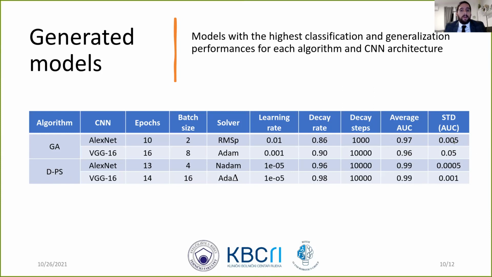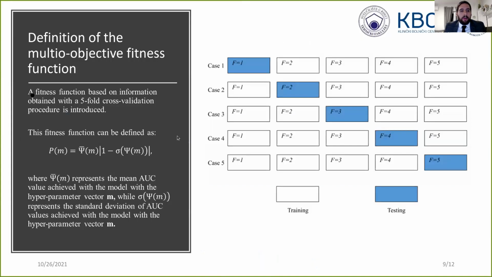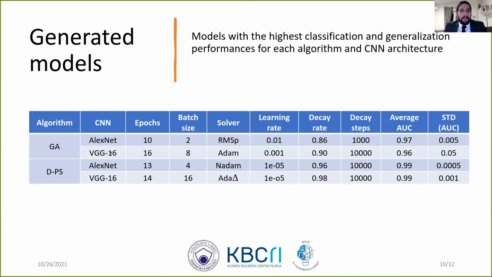So by using these two algorithms for model selection that are based on the presented multi-objective fitness function, we can see that high classification and generalization performances are achieved regardless of the CNN model utilized.